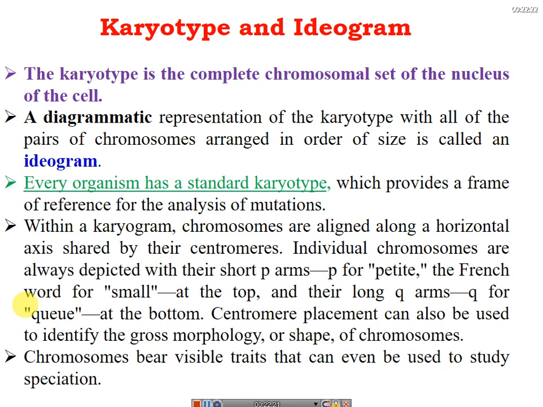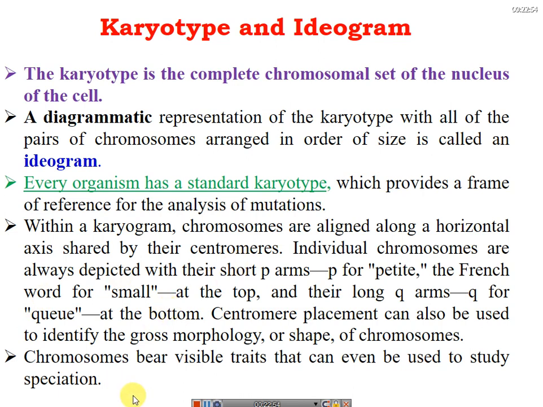Okay, centromere placement can also be used to identify the gross morphology and shape of chromosomes. Once we have placed the centromere along the axis, we can clearly see the morphology, shape, and other features of different chromosomes, and then we can compare the reference and the sample of the patient. The two karyotypes can be compared to identify any abnormality or changes.